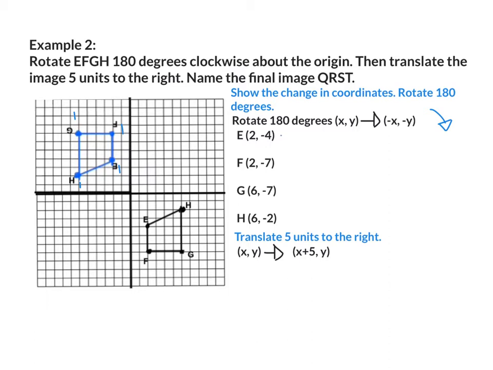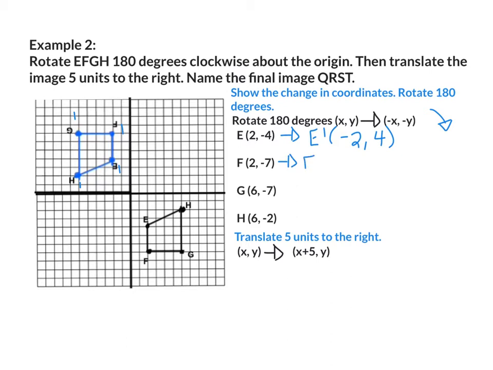So now I'm going to write down the new coordinates. And what I notice is that my X and Y coordinates are becoming opposites. That means they're becoming negated. So E prime becomes -2, +4.